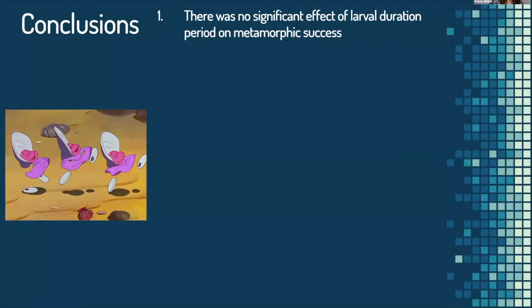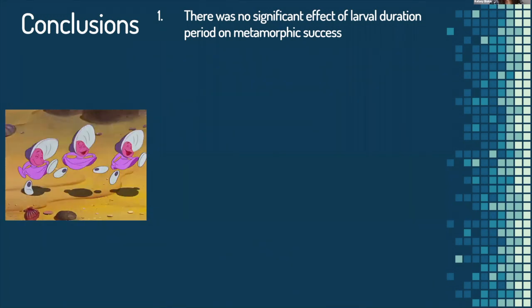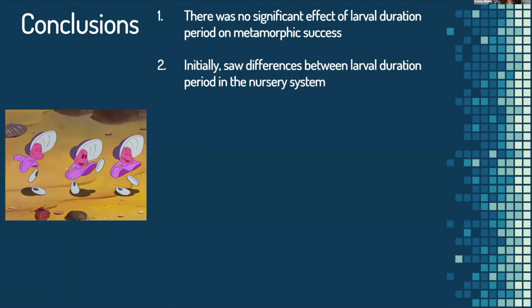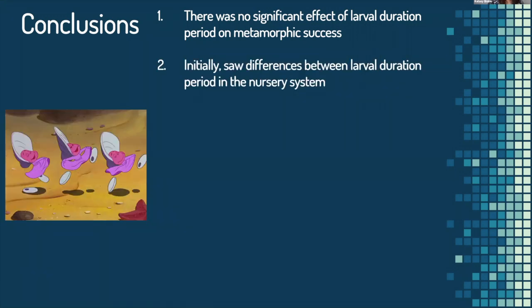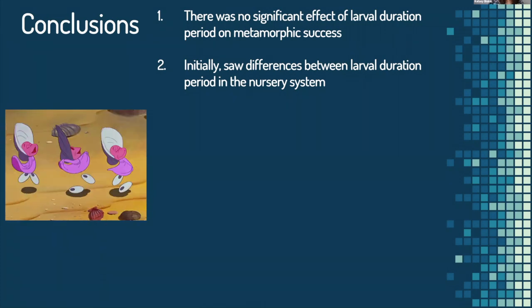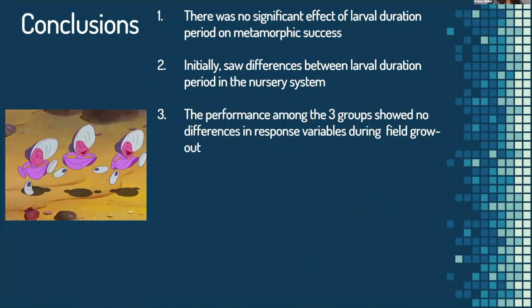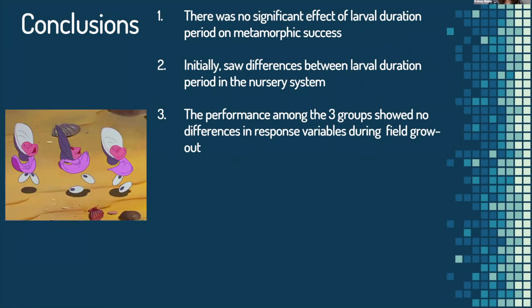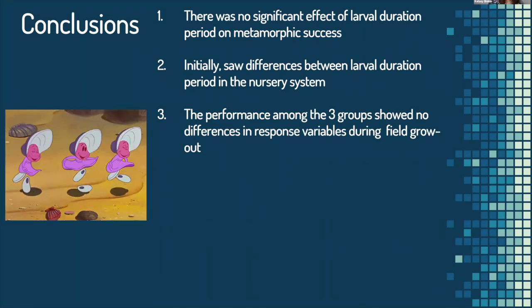So as a conclusion, we found that there was no significant effect of larval duration period on metamorphic success. At first, we saw differences between the larval duration period in that nursery culture. However, the performance among the 3 groups showed no differences in response variables during the field grow out.